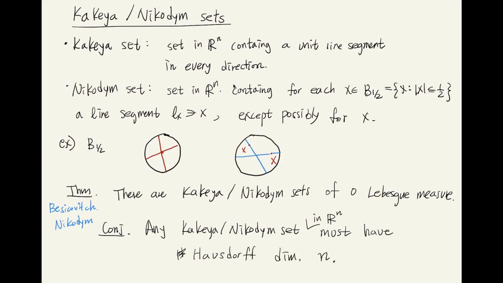Saying that a Kakeya set or Nikodym set cannot be too small, this is a theorem in dimension 2 on the plane, but this is an open problem in higher dimensions. And this is quite an active area of research, bringing many new tools into play.